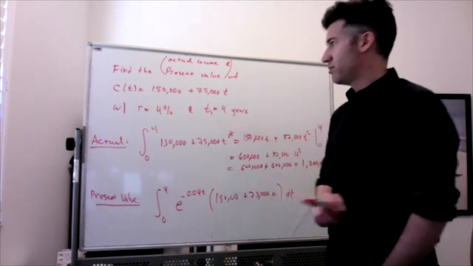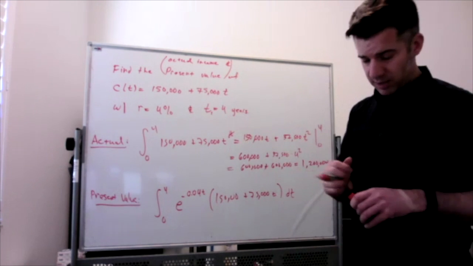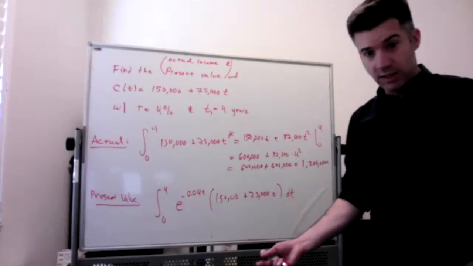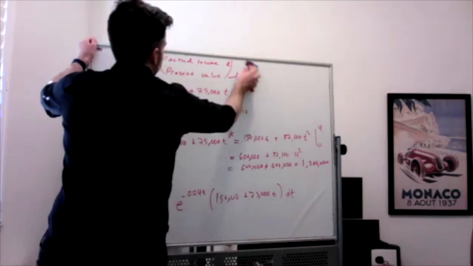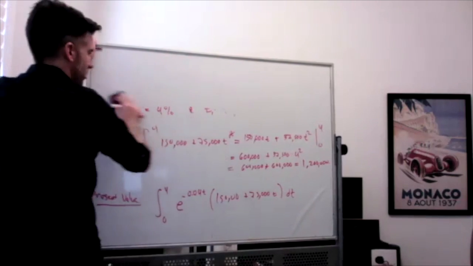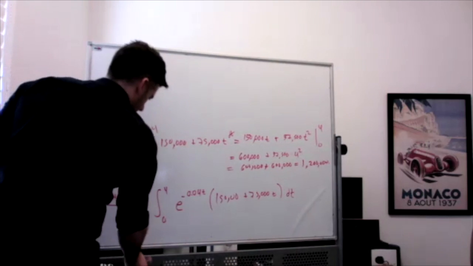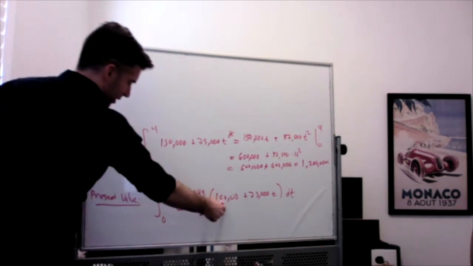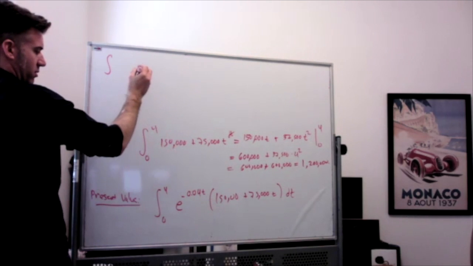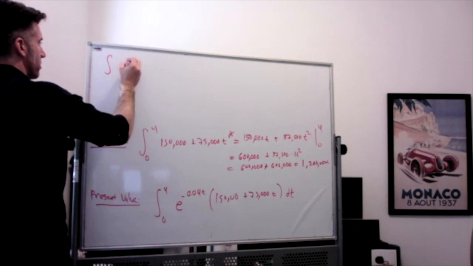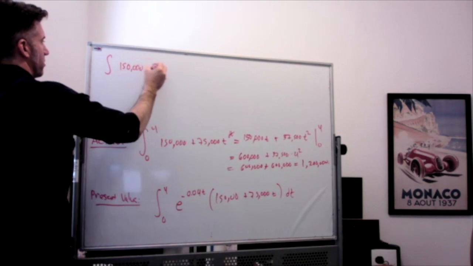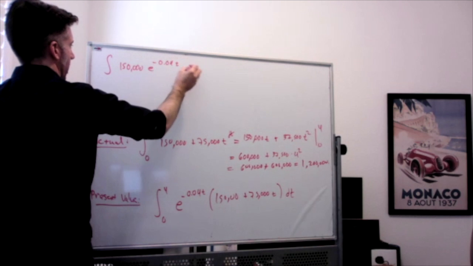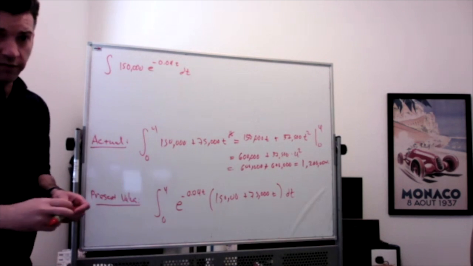That's terrible. Okay, I'm going to erase a little because I'm kind of out of room. But we're going to have to break this integral up into 2 pieces. So I'm going to write this as the integral of 150,000 times e to the negative 0.04t. And this should be a fairly straightforward antiderivative to do.